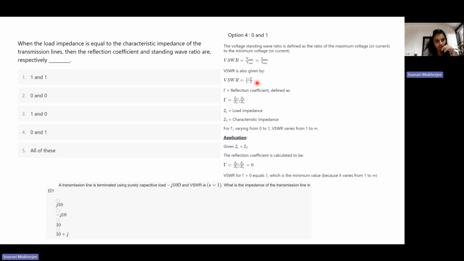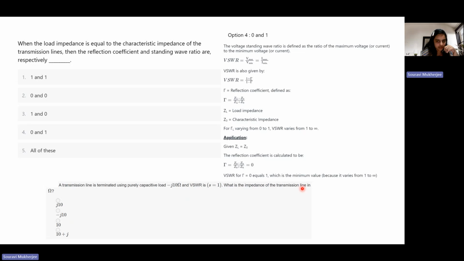Now, based on this concept, there can be questions like this, where it says that a transmission line is terminated using a purely capacitive load given by minus j10 ohm. So this is your impedance. And the VSWR is 1. VSWR 1 means the load impedance should be equal to the characteristic impedance of the transmission line.